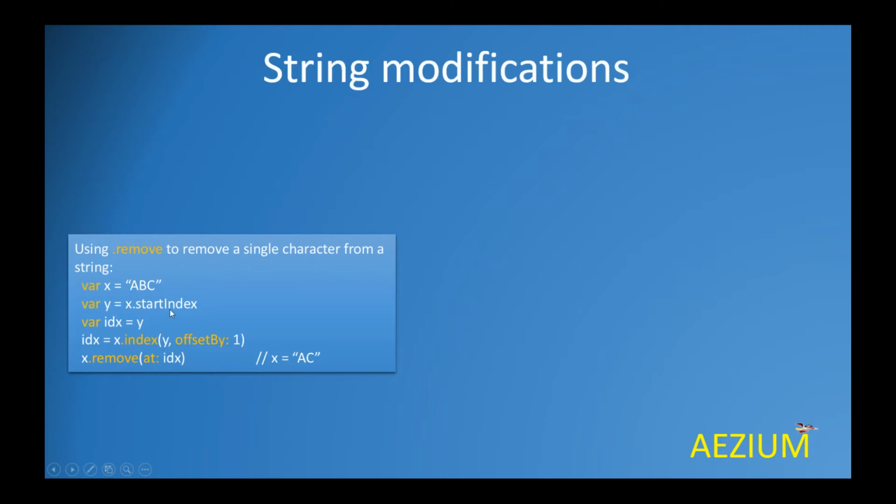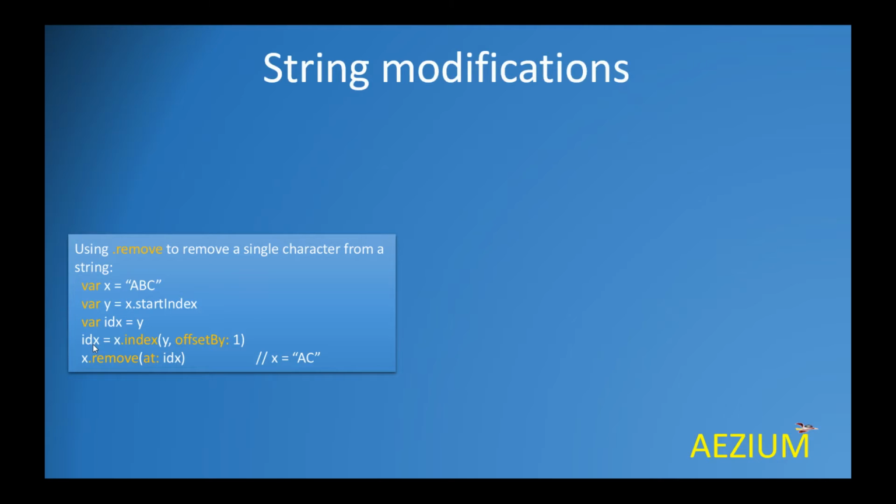Let's consider this example. Again, these are familiar. X is a variable equal to ABC, and y is the start index of this. We set idx, a new variable, to be equal to the start index y, and then we calculate another index using y as reference here, to be equal to whatever y is offset by 1, so the value of idx will be equal to 1.